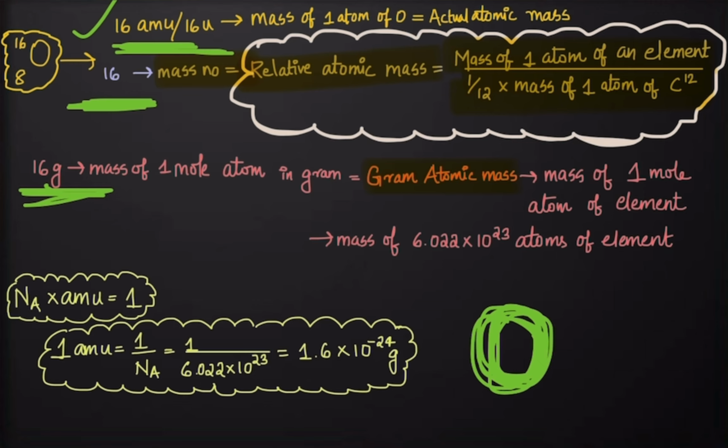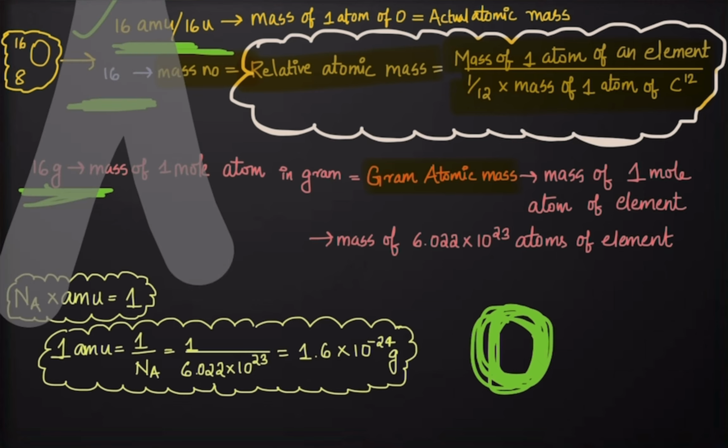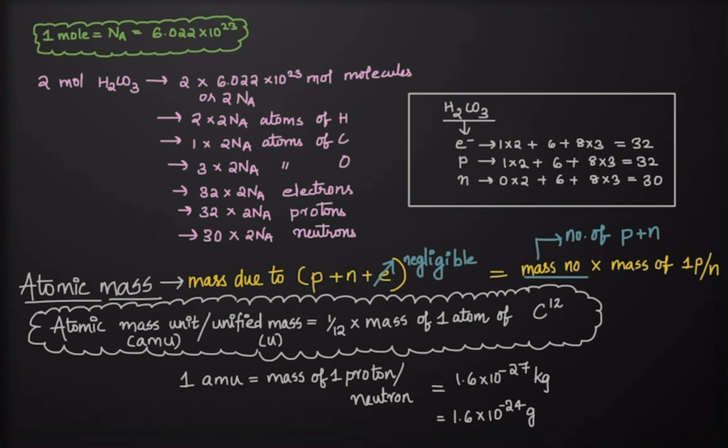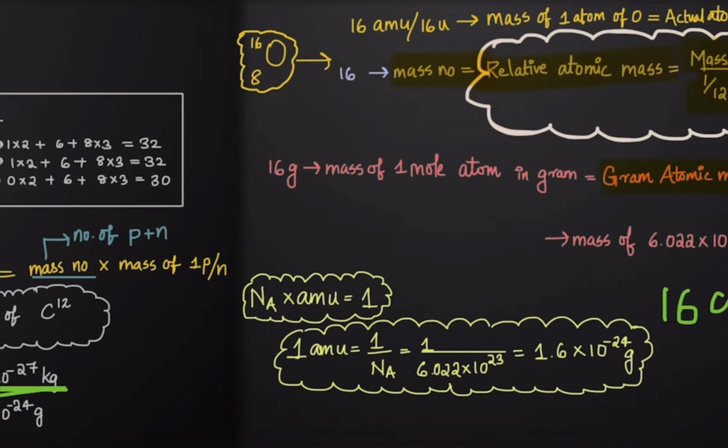If we have to convert it into gram, we know that the mass of one atom is equal to 16 AMU or 16 U. So if we have to convert the mass of an atom into gram, we know that 1 AMU is equal to 1.6 into 10 raised to minus 27 kilogram.